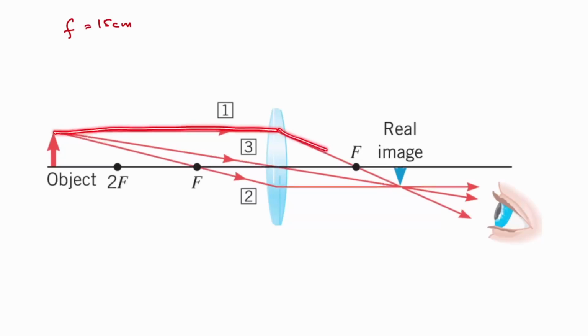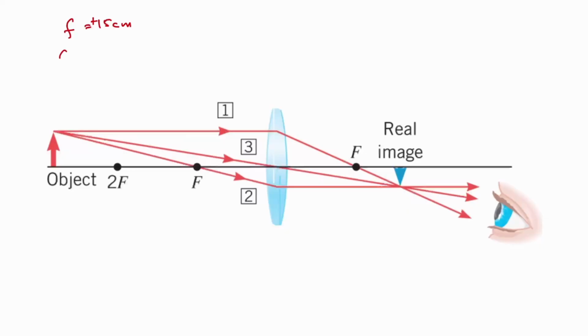What are the rays doing? They're focusing down, they're converging. They're coming together on the other side. That's how I can look at the diagram and tell whether it's converging or diverging, by looking at what the rays are doing. So a 15 centimeter focal length, and that is definitely going to be positive.